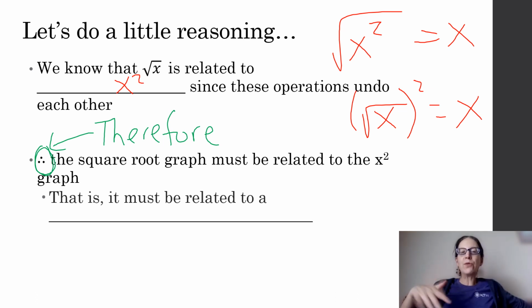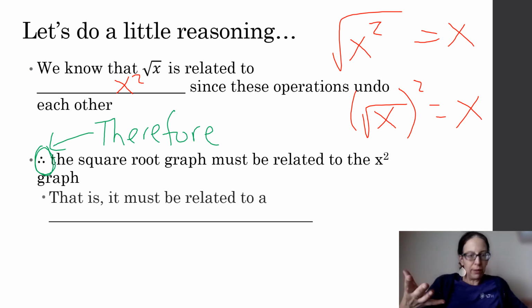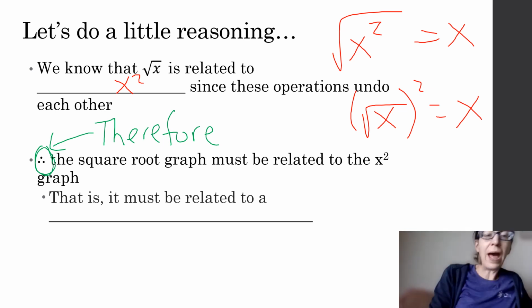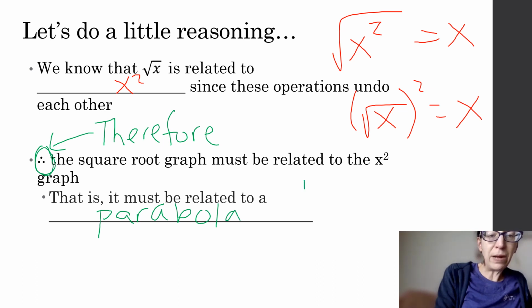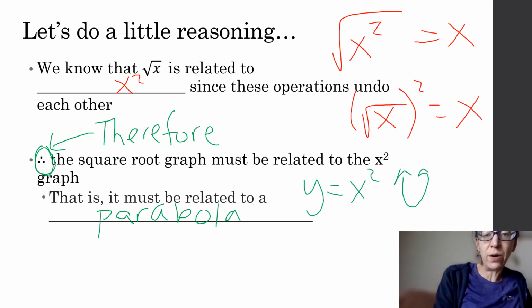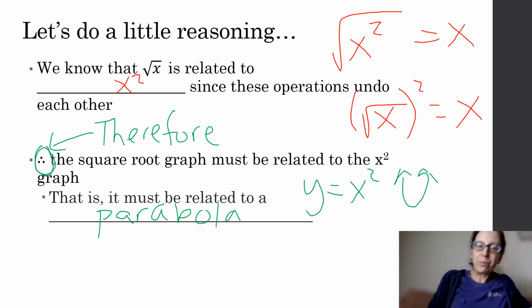Therefore, the square root graph must be related to the x squared graph. If square rooting and squaring are related operations, then their graphs must be related. Now, we don't know how, but we figured they have to be related to each other. That is, it must be related to a parabola somehow, because we know that the graph of y equals x squared is a parabola.